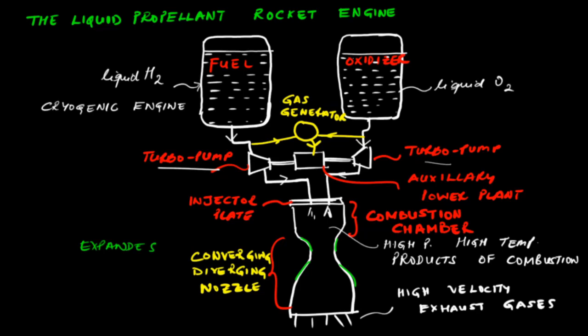So part of the fuel and oxidizer are used to run the auxiliary power plant that runs these turbo pumps, but the major part is pumped into this combustion chamber where these gases react to produce high temperature and pressure combustion products which are expanded in this converging diverging nozzle.